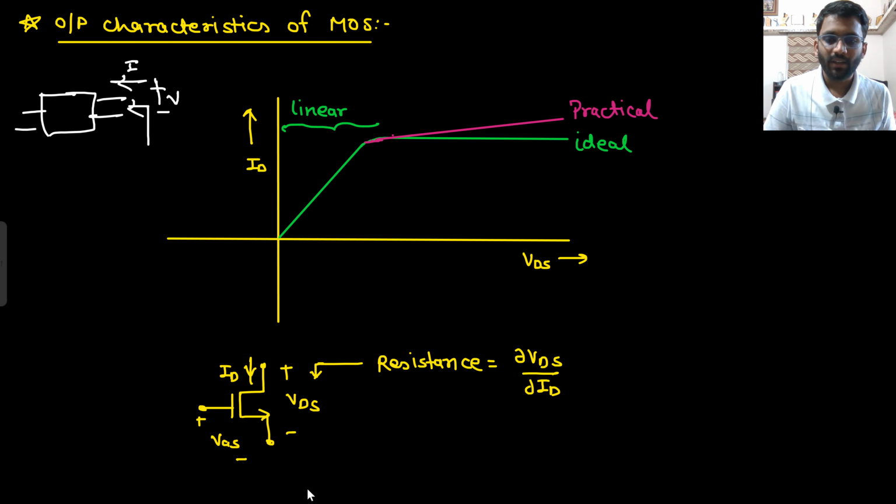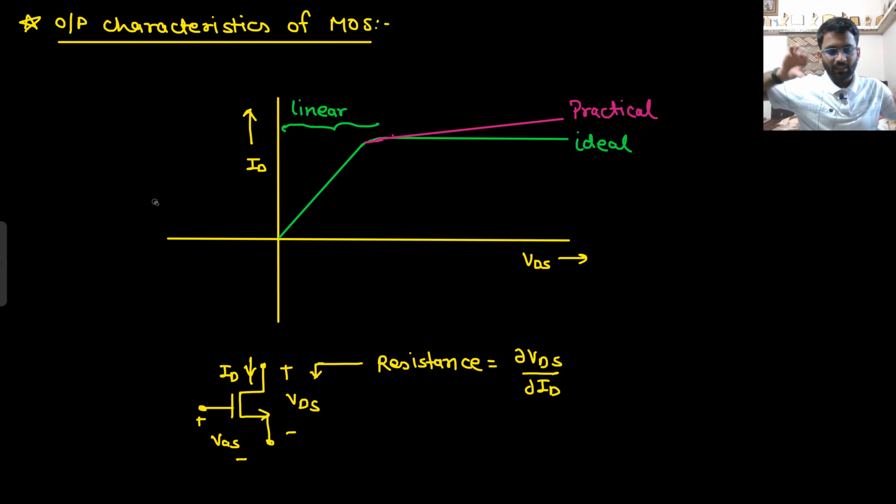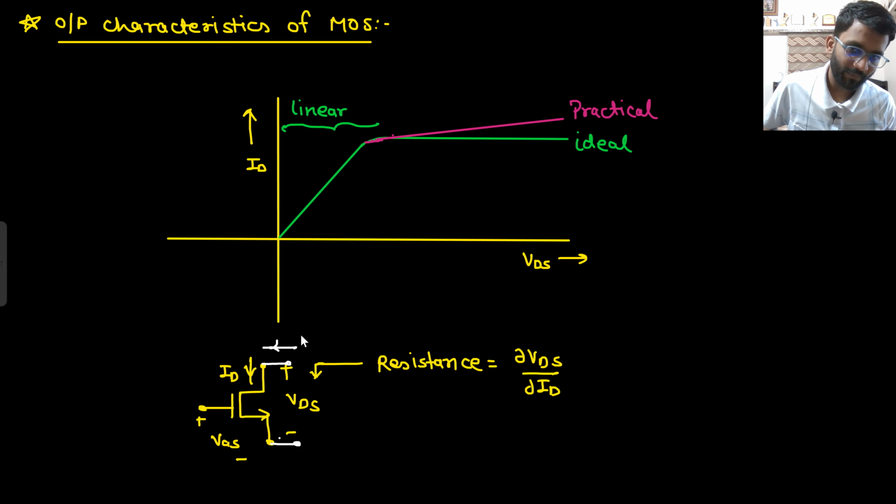In case of MOSFET, what is our output? Input is VGS, output is VDS. So from VDS, how much current is coming? That will give the resistance. That we call output resistance. So del VDS by del ID will give us resistance.